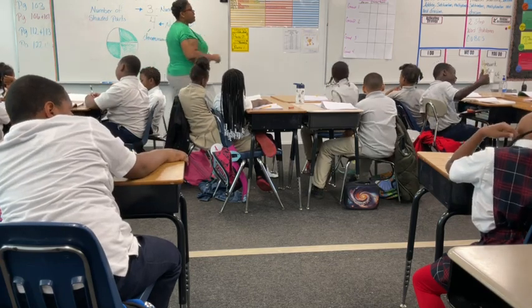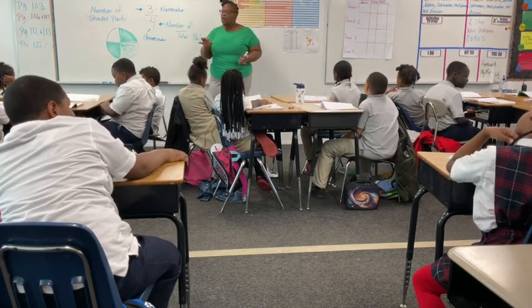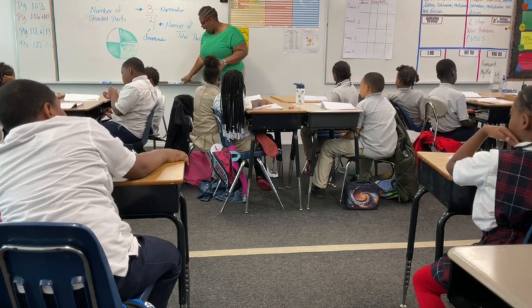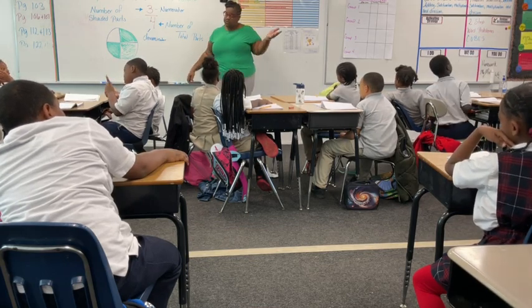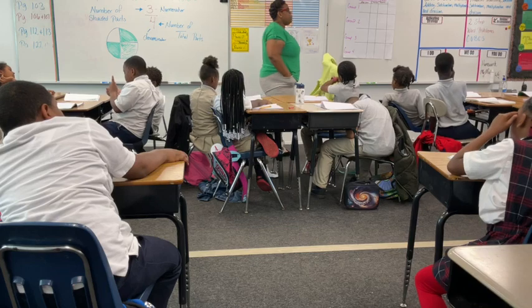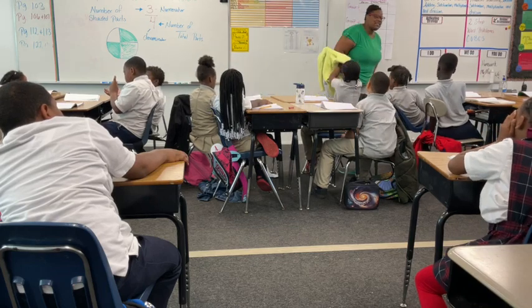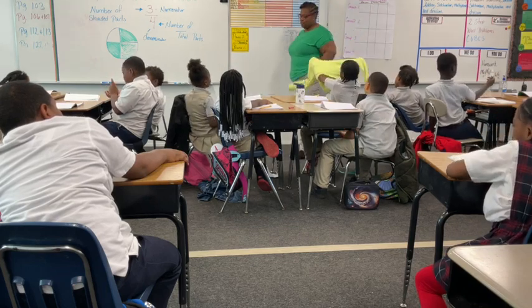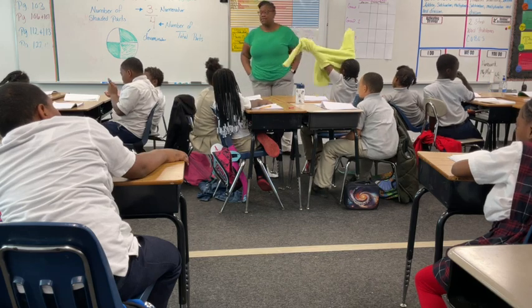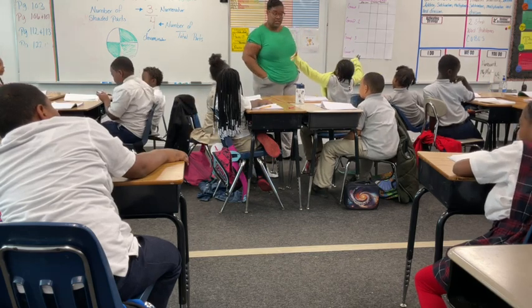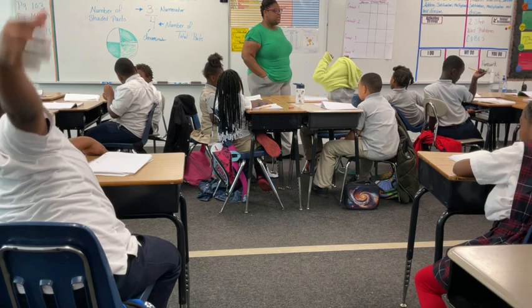All right. So if I were to say I ordered a medium pizza, okay? The medium pizza only has 6 slices. Okay, 6 slices. Are you listening? 6 slices on this pizza.